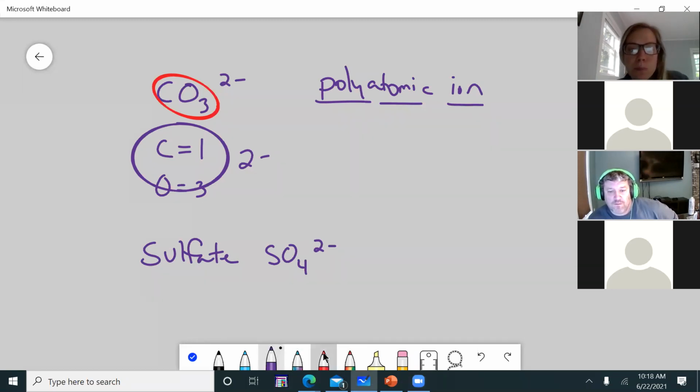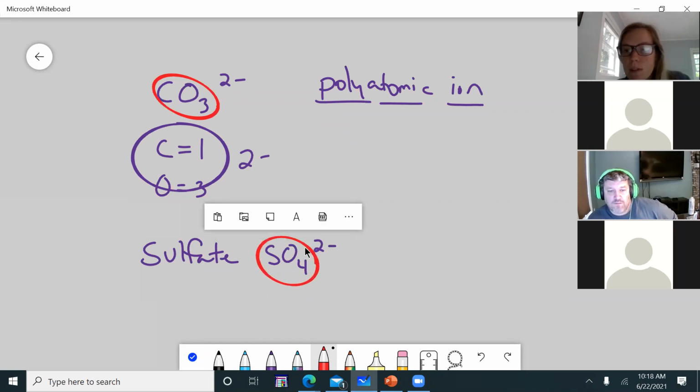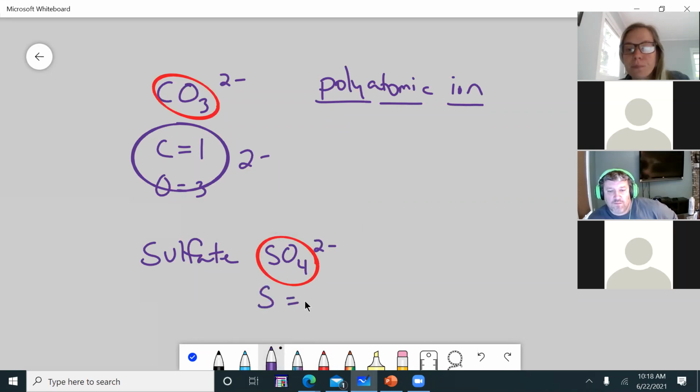Okay. I'm going to circle where the atoms are, just so that we have an idea together what we're looking at. This part talks about how many of each we have. Sulfur, 1. Oxygen, 4. Charge, that's outside.